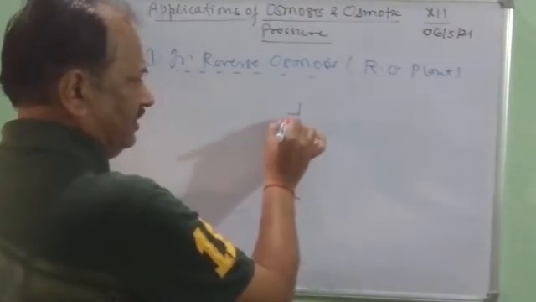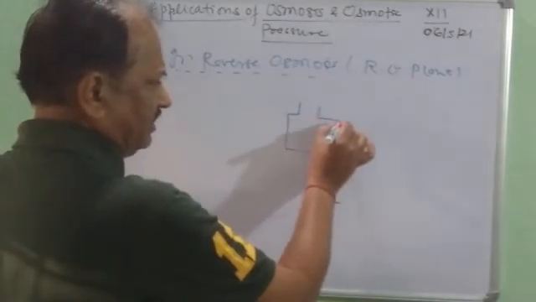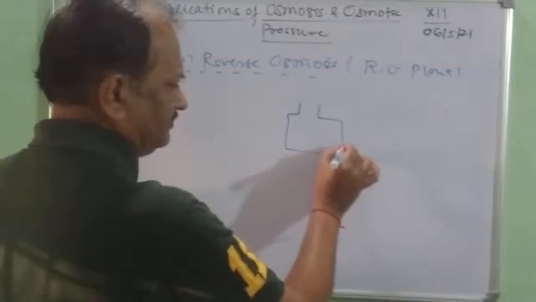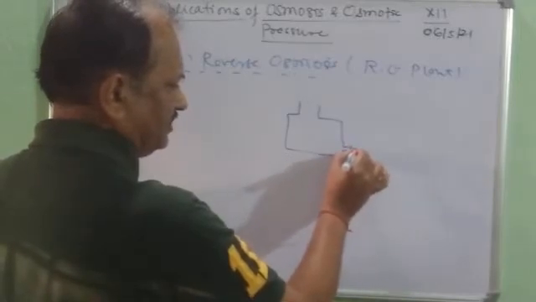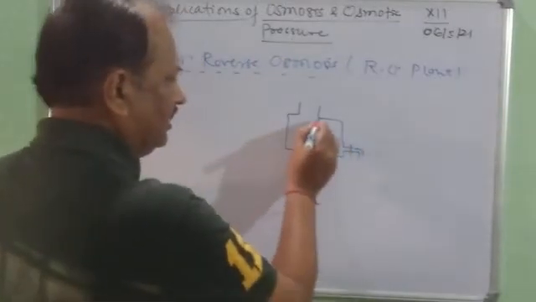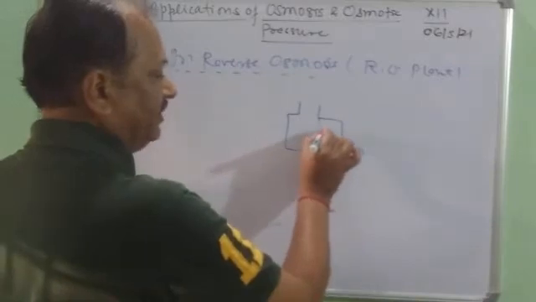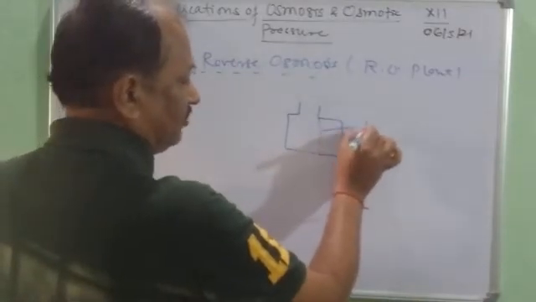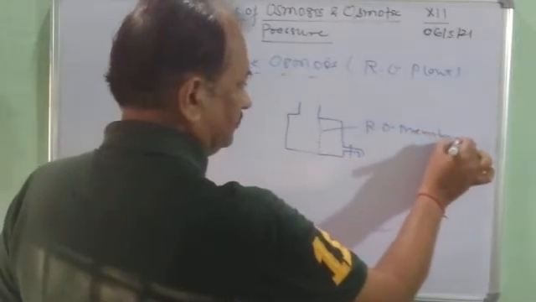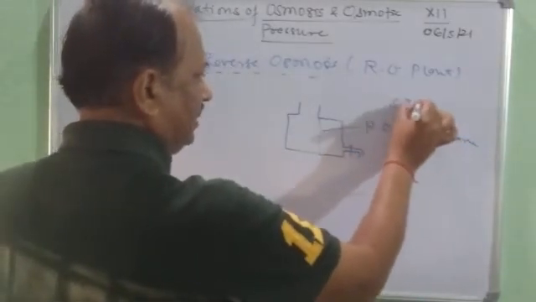So see, here there is a vessel, and this is the tap from which we take the water. Now here there is the membrane. This is the RO membrane, and technically it is an SPM.